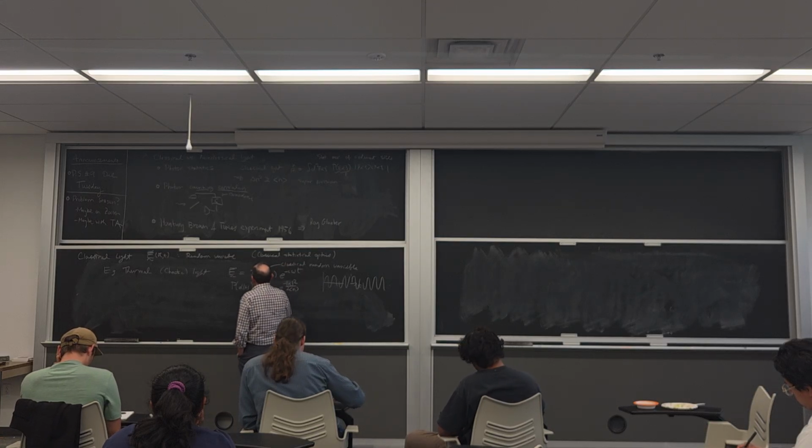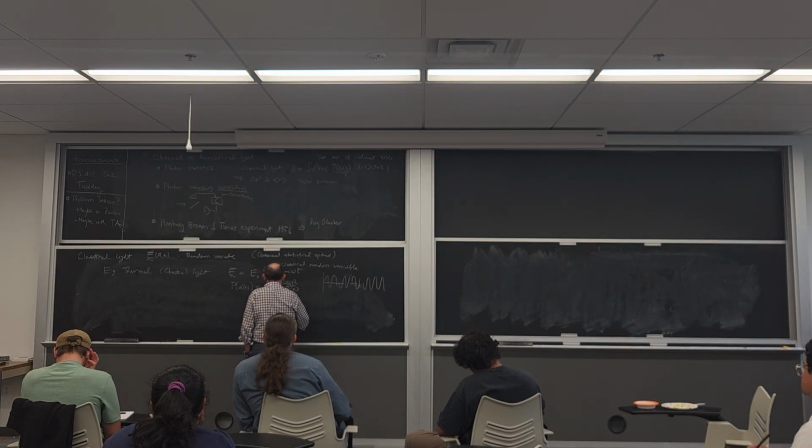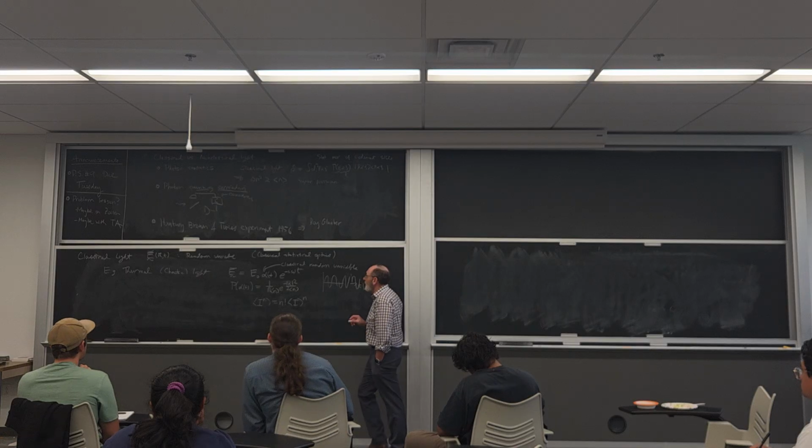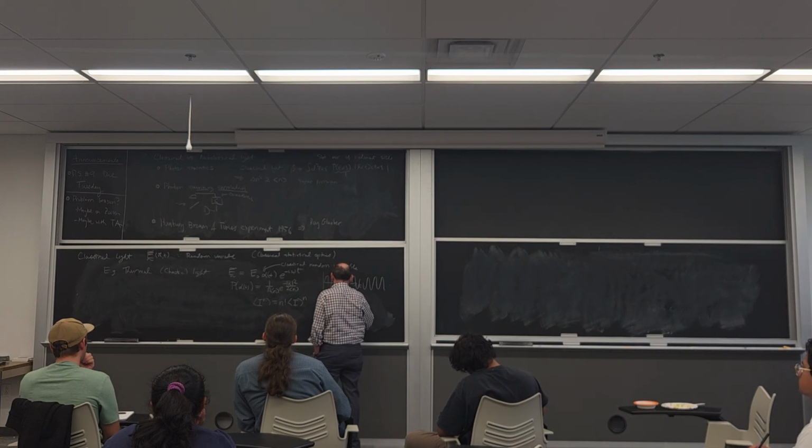When we looked at the intensity of the field, what we saw was that we had these kinds of fluctuations in the system, right? Where the intensity was the square of the amplitude.